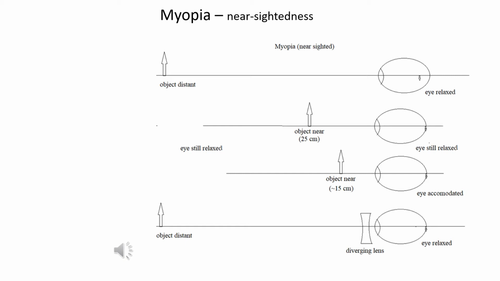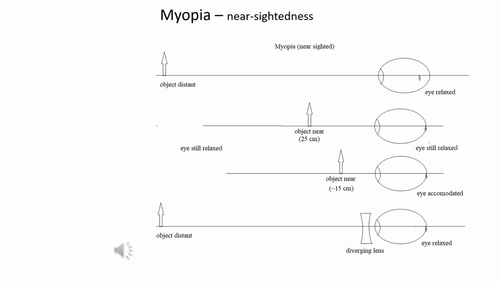Now, if you bring the object even closer, let's say for example 15 centimeters, now the image would want to move farther out beyond the retina, but now the eye can accommodate, it still has that accommodation ability to bring the image onto the retina, and so they can still see it in focus. So a myopic person can see things closer than most normal people because their eyeball is elongated and their eye can accommodate to bring the image to the retina.